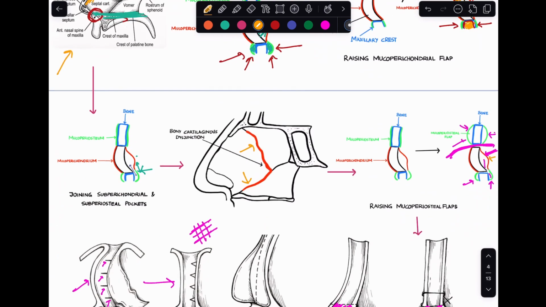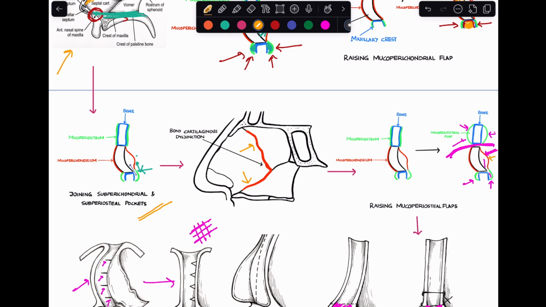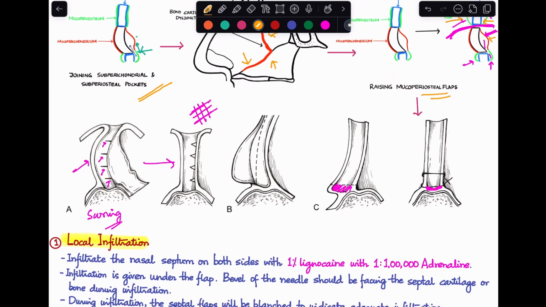Then we joined these subperichondrial and subperiosteal pockets, after which we performed the bony cartilaginous disjunction and mobilized the septal cartilage. Then we raised mucoperiosteal flaps on either side of the septum, after which we corrected the cartilaginous part of the septum, any deviation in that region.